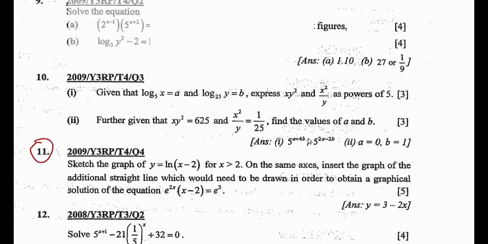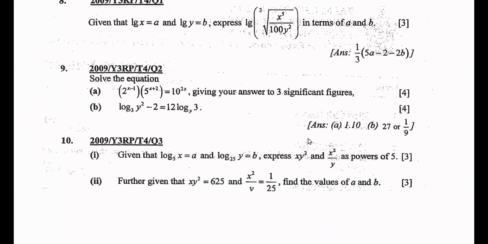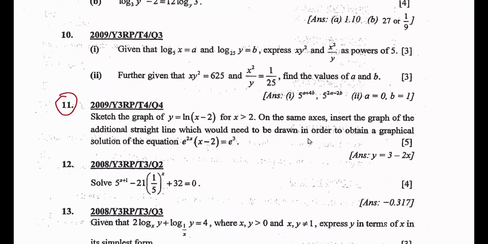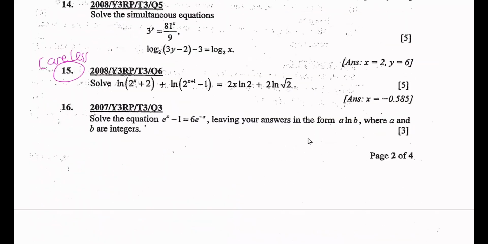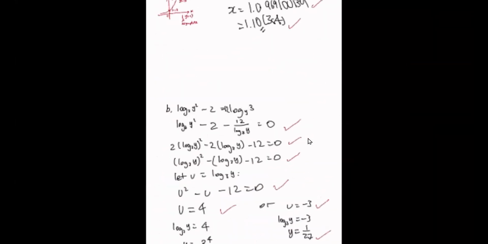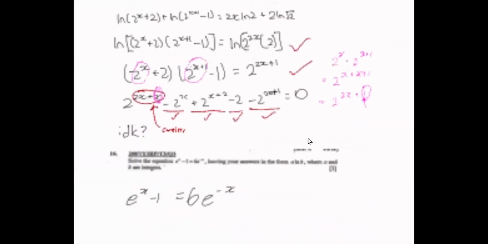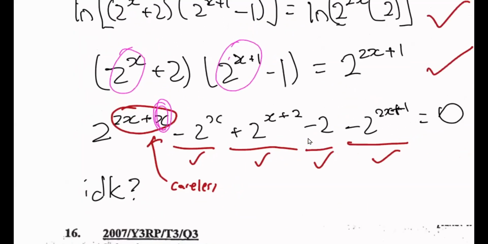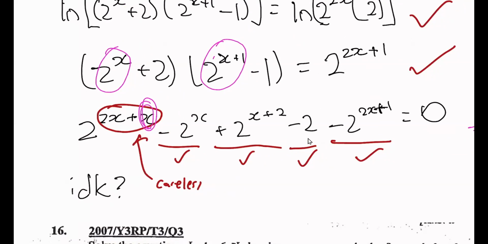What is it? Question 15, careless. Okay, let me see your working out. Something was wrong over here. 2x multiplied by 2 power x plus 1 is?